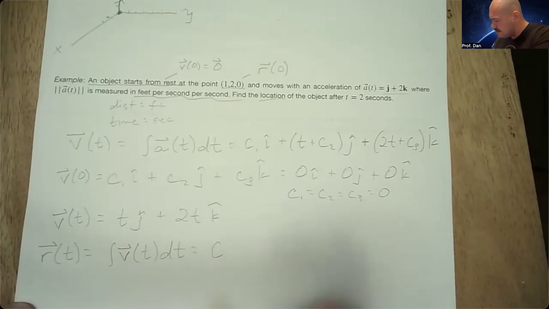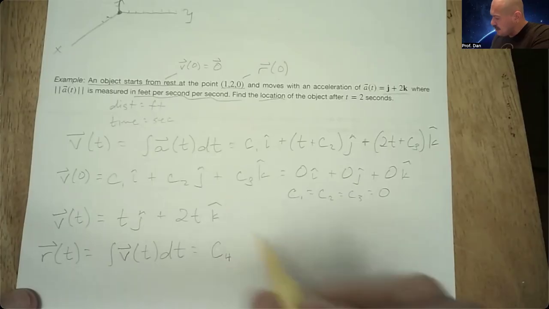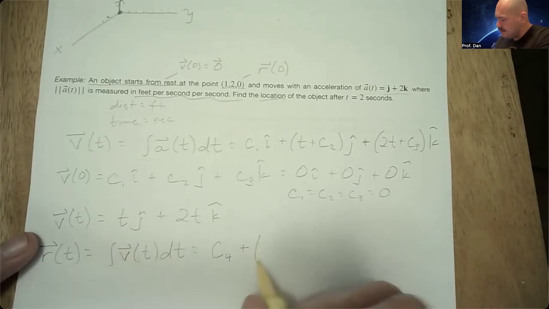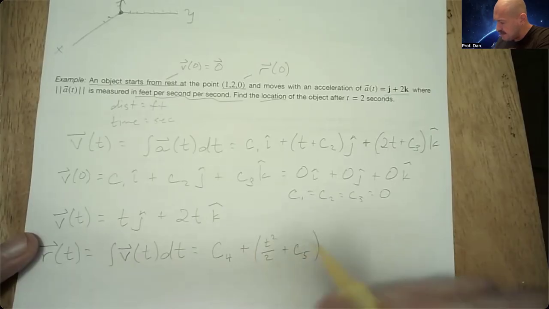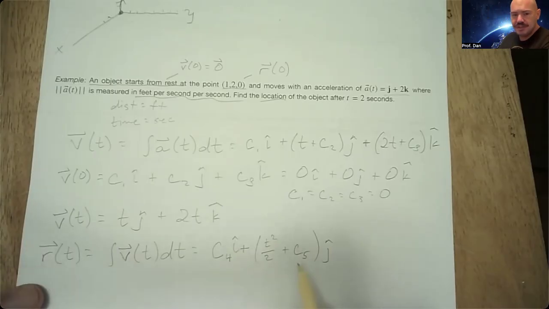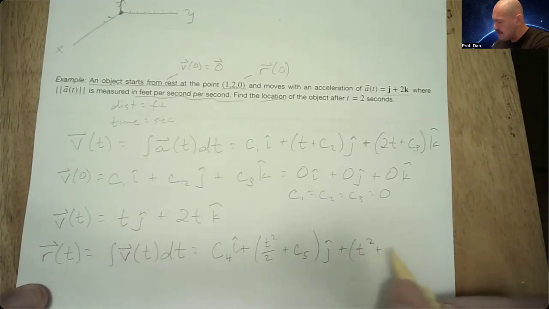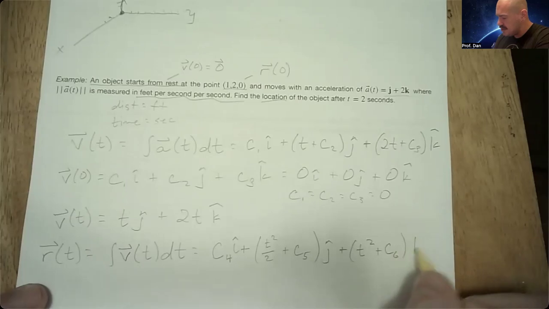I'll call C4 i, plus, and then I take my integral for t, that's going to be t squared over 2 plus a constant, we'll call C5. Oops, that should have a j. You need your parentheses here because there's more than one term. And for 2t, the antiderivative is t squared plus another constant.